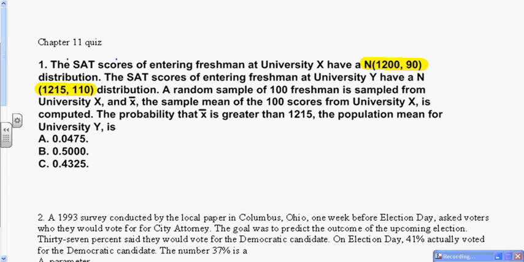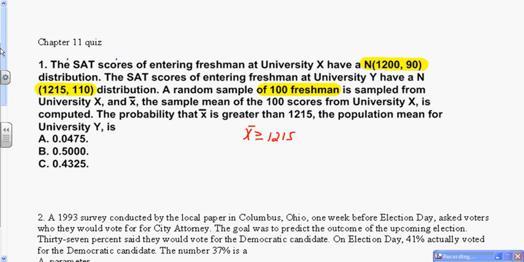They tell us they're going to take a sample of 100 freshmen from University X, and that's going to affect our standard deviation. They want to know the probability that X is greater than or equal to 1215.